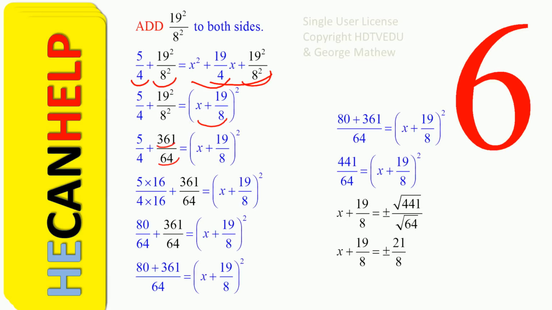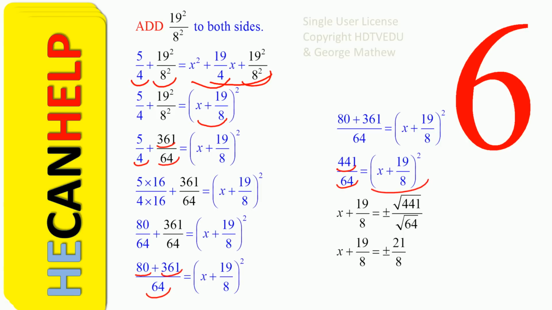What is 8 squared? 64. Then we have 5 over 4, and that is as good as 80 plus 361 divided by 64. So 80 plus 361 is 441, and then divided by 64. So 441 divided by 64 is equal to x plus 19 over 8, the whole thing to the power of 2.